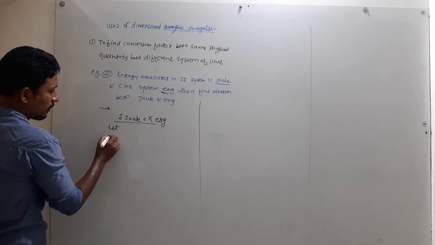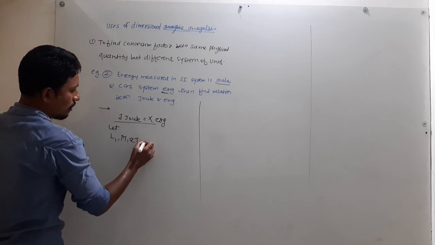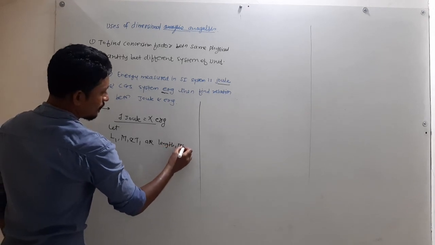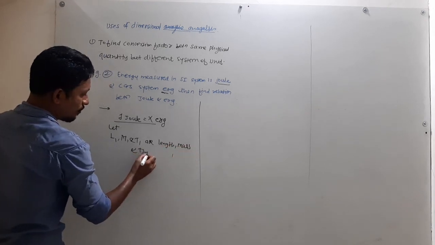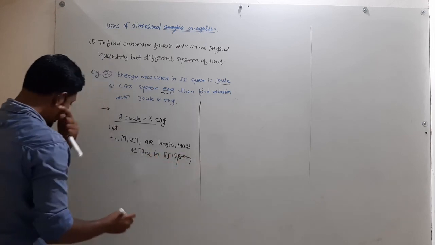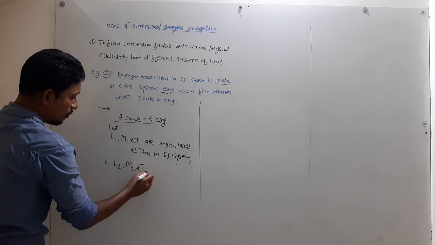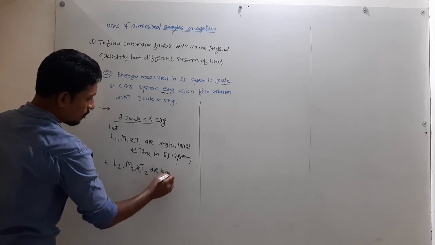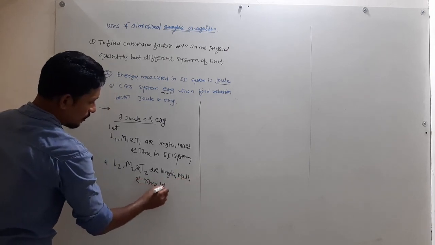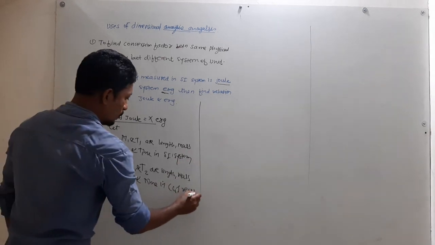Again, let L1, M1 and T1 be length, mass and time in SI system or MKS system, and L2, M2 and T2 be length, mass and time in CGS system respectively, okay?